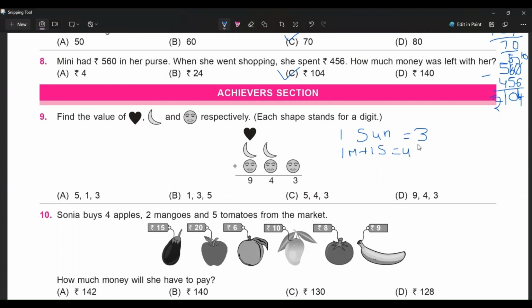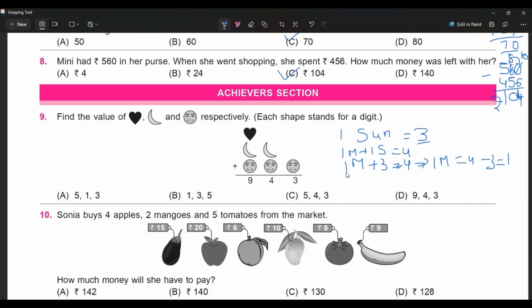So we know 1 Sun value. So let's substitute this 3. So we will get 1 moon is equal to 4 minus 3 is equal to 1, children.